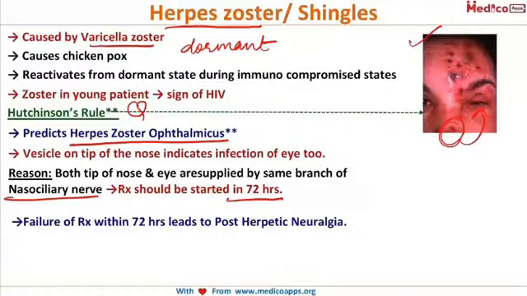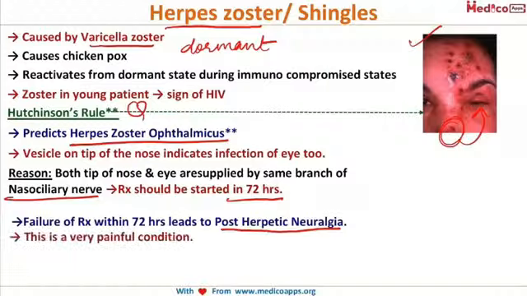It is a very excruciating pain. It is called post-herpetic neuralgia. It occurs usually 1 or 2 months after the subsiding of the disease. If you do not treat within 72 hours, it leads to post-herpetic neuralgia.